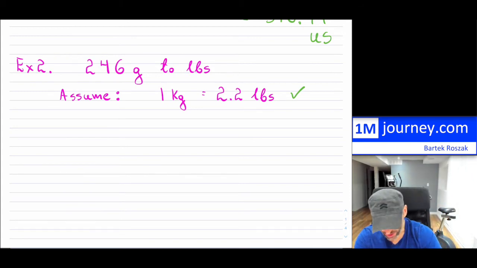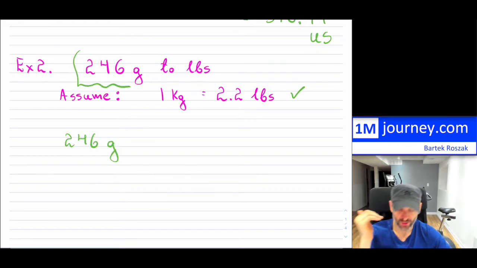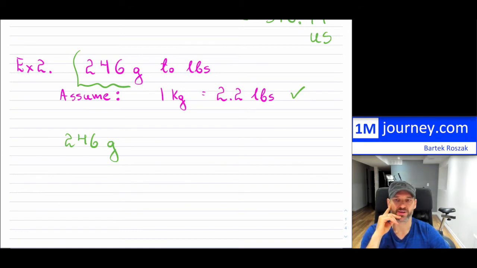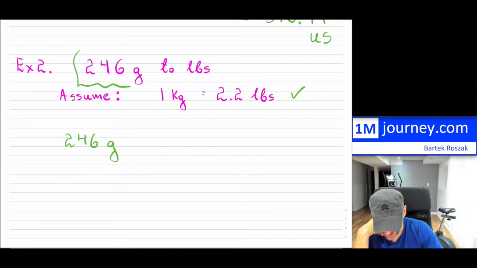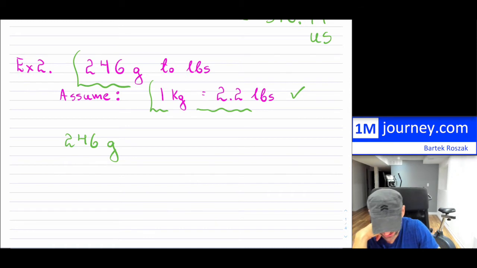But my original that I actually have in terms of my given right here, so that mass is in grams, right? Now, I don't want to have grams. I want to have pounds at the end. But my ratio that they give me is between kilograms and pounds.